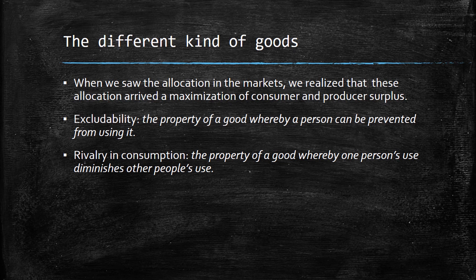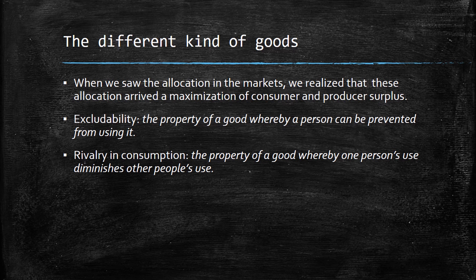The other one is rivalry in consumption. It is basically the property that when you use a good, you diminish the ability of another person to use it. So when a good is rival, the fact that you're using it means that someone else cannot use it.